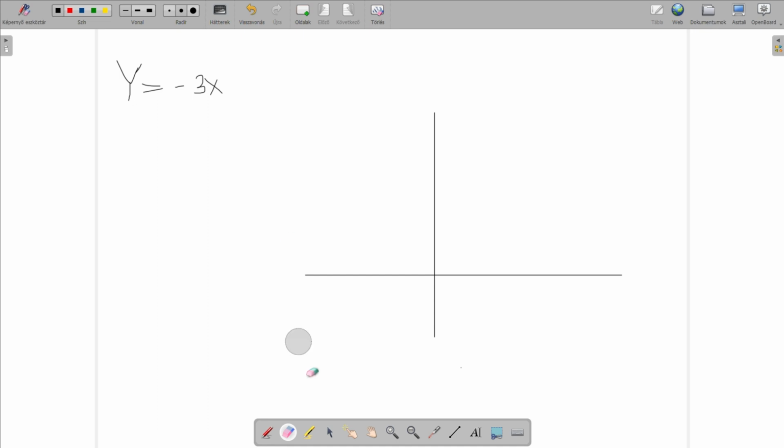And let's go with minus 1. There we go. This is an interesting one for sure. And let's see. So we have our y-axis and we have our x-axis.